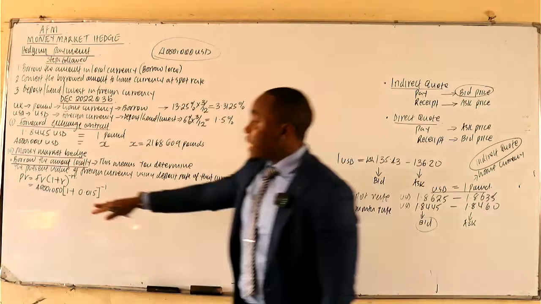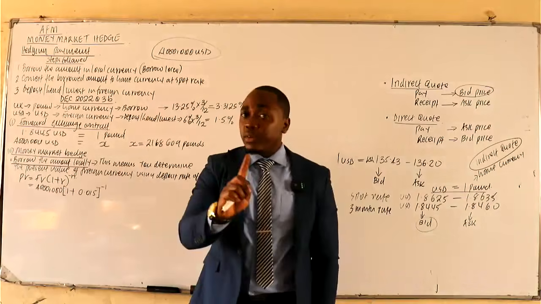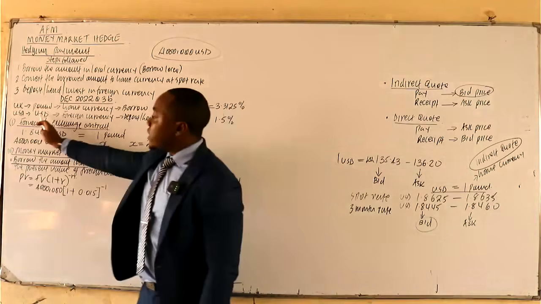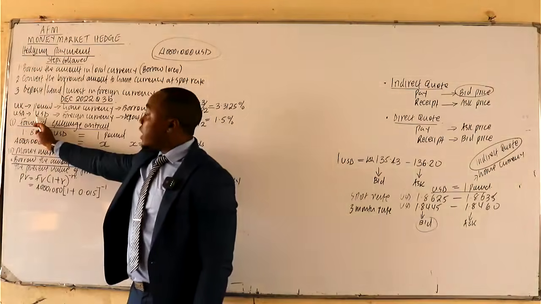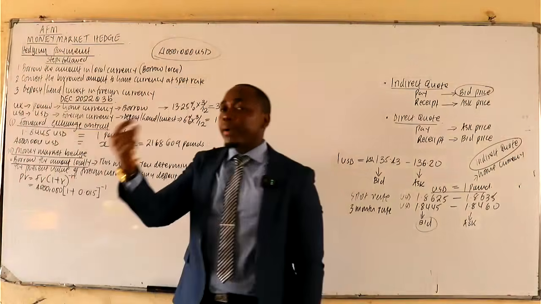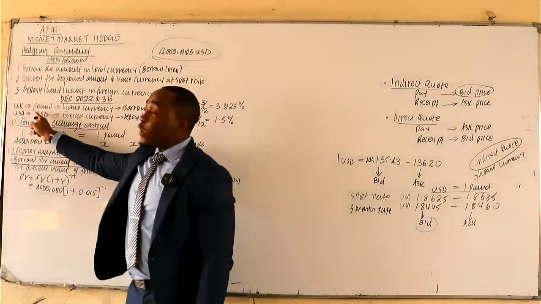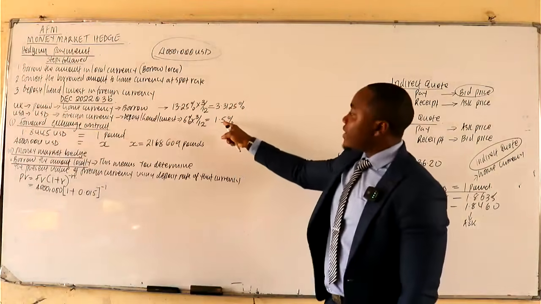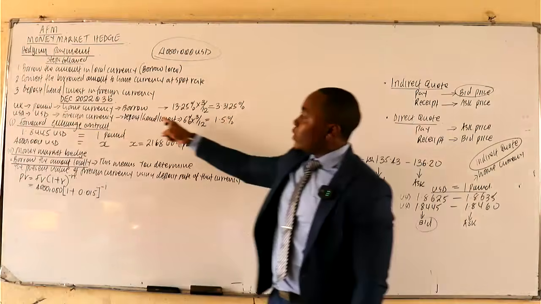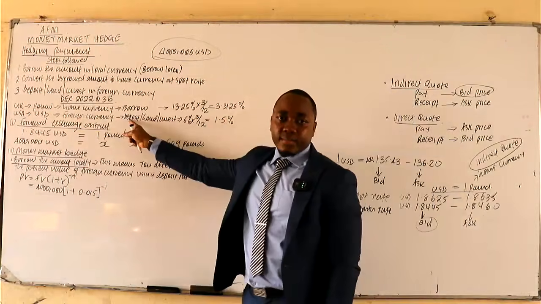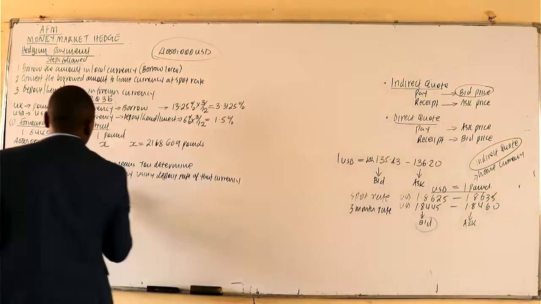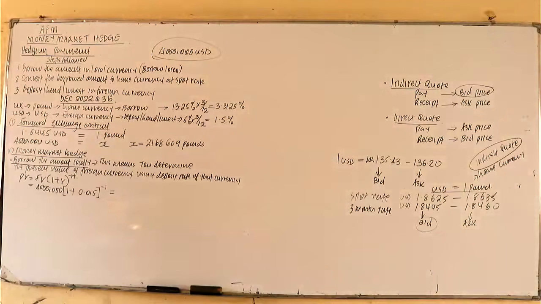So you take the 4 million, and remember this 4 million is USD. That's the amount we expect to pay. So when you're determining the present value, you determine the present value of the USD using their rate, and their rate is 1.5%, which was the same as the deposit rate. Good. So how much will you get?